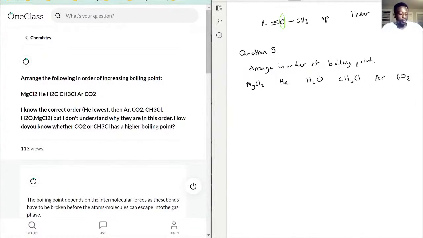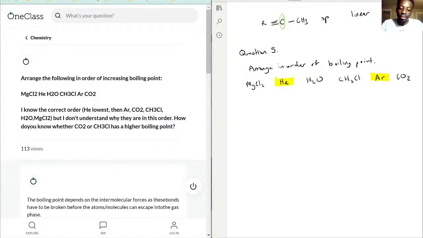So the way this one's going to break down is that we want to first separate it based on the type of, I guess, molecule or atom. So right off the bat, when dealing with atoms, helium and argon, the smaller it is, the lower the boiling point.